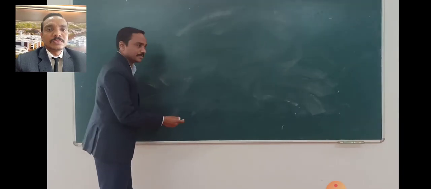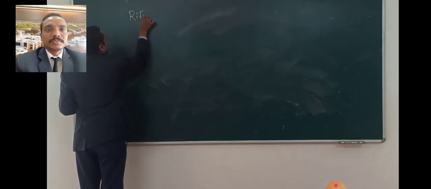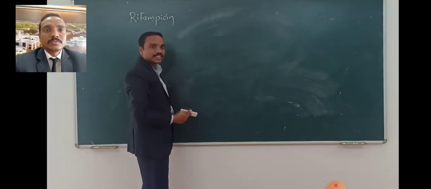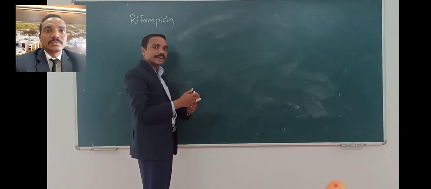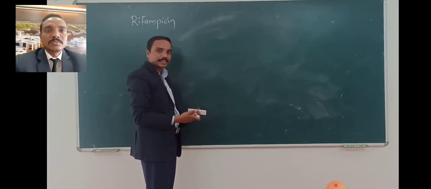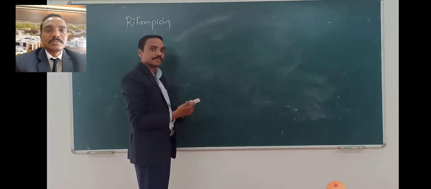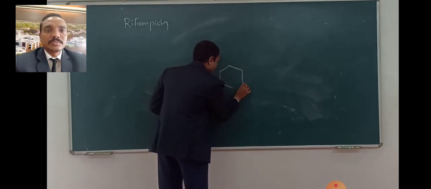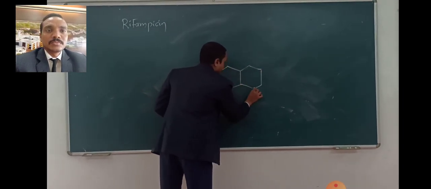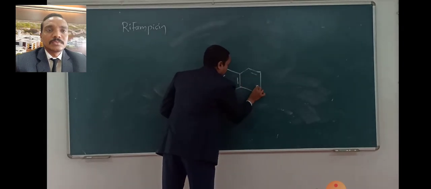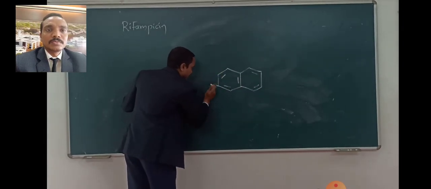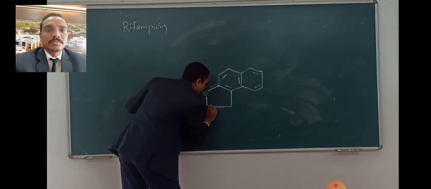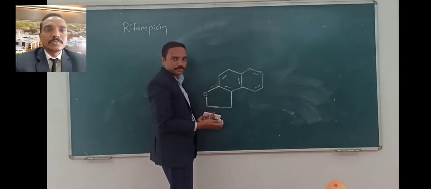Next structure is rifampicin, or it is also known as rifampin. It's a big structure, but when you start from one side and try to come to the other side with some hints, it will be very easy. After this second ring here, go for common substitutions.